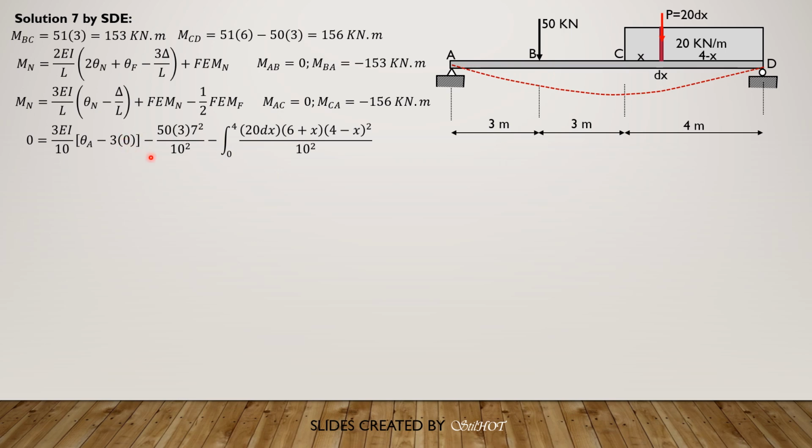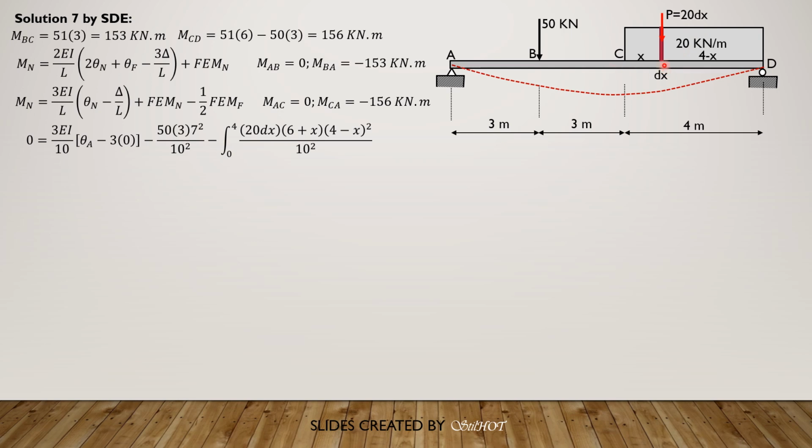Then fixed moment of 50 at A is negative because A is in the left side, so it is equal to negative 50 times 3, then square of this distance from D, which is 7 squared, all over L squared, 10 squared. Then minus, we follow the same format, but in integral form, 0 to 4, the value of x varies from 0 to 4.